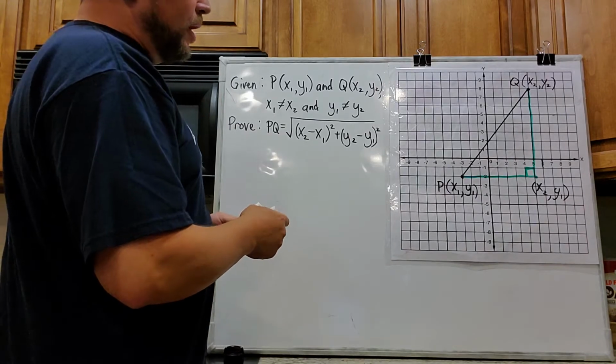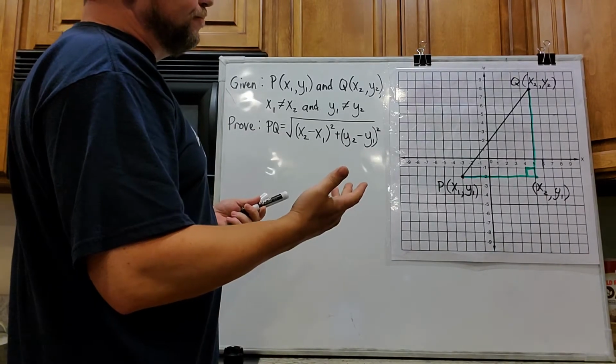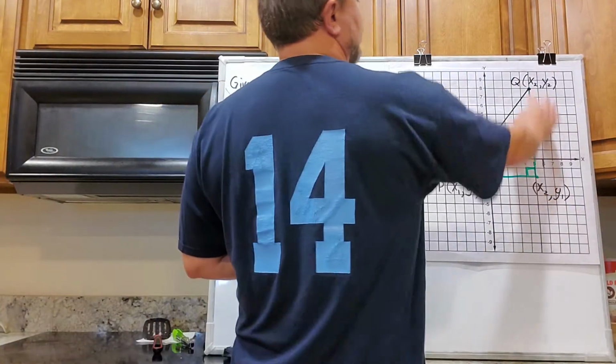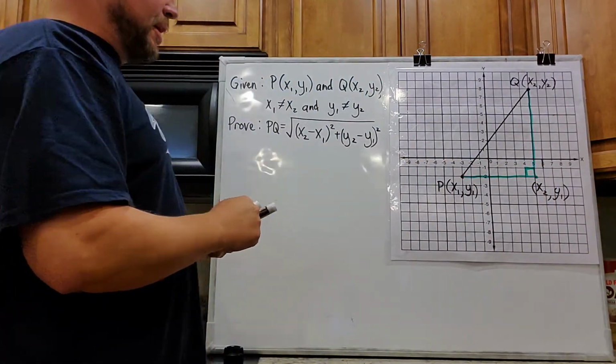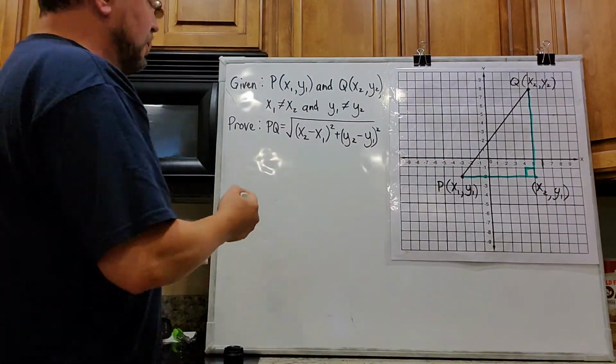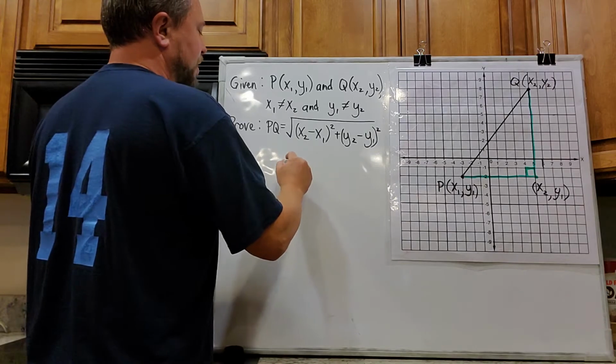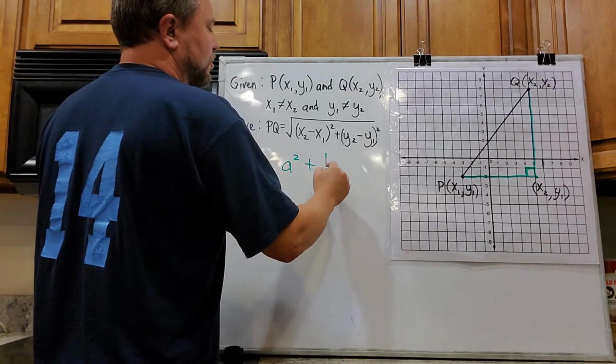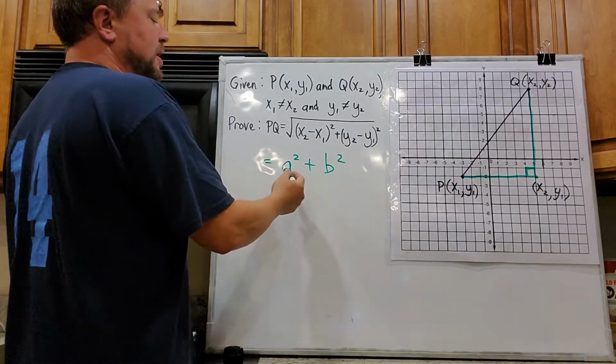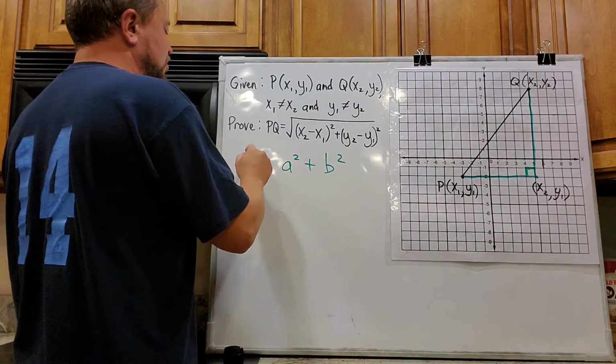All right, now, since I made a right triangle out of it, that means that I'm going to be making use of the Pythagorean theorem, which you should already be familiar with, is a squared plus b squared equals c squared.